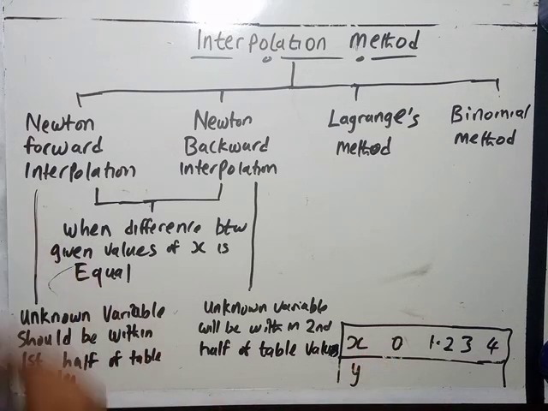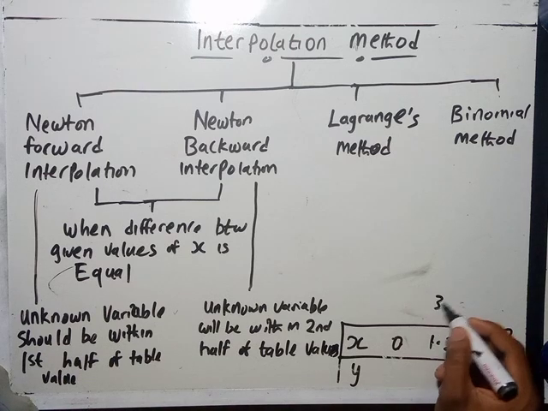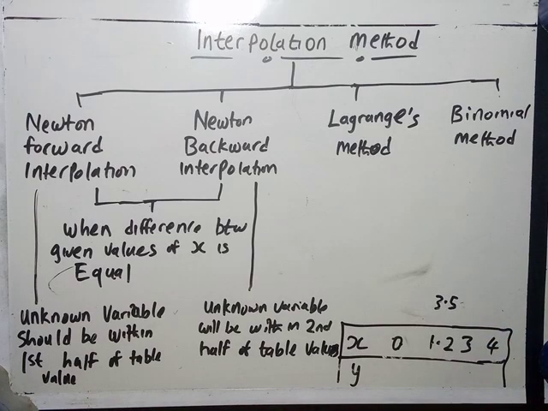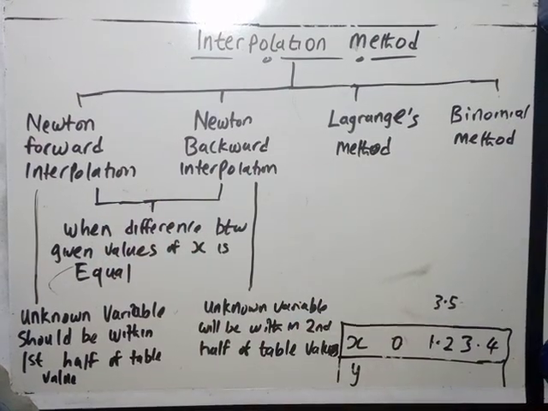So that's the difference between these. So let's say you are asked to get the value of y when x is 3.5. We know 3.5 falls in between 3 and 4. So definitely we'll be making use of Newton backward interpolation method.